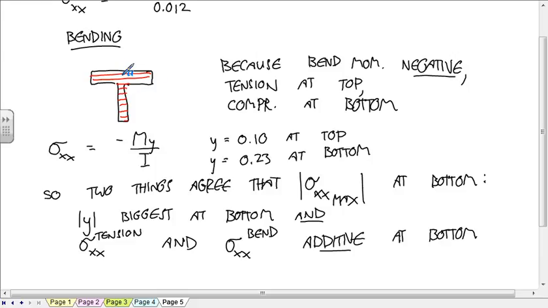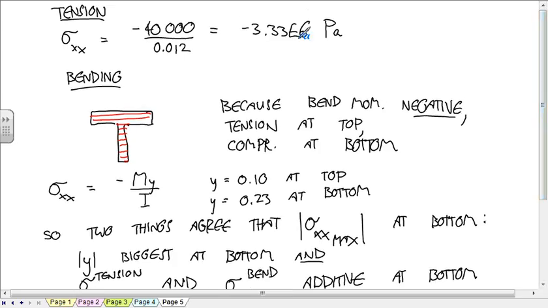So the question is, what happens when you add in this axial stress due to tension? Does this make it so that even in absolute value, the bending stress is smaller at the top? When you add them together, is it bigger at the top?